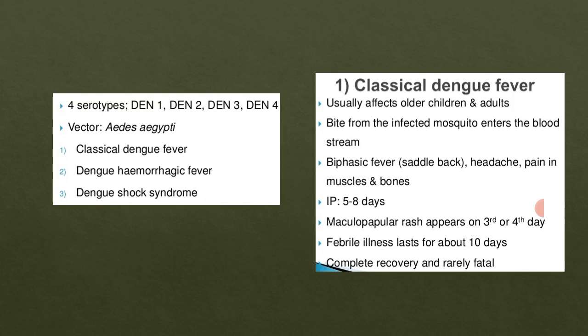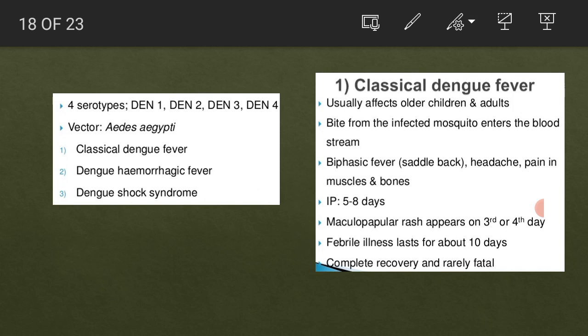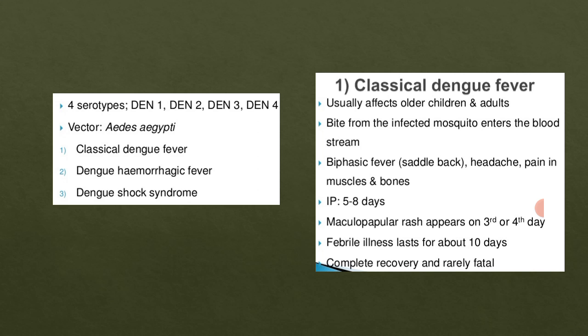Now we will see the serotypes. One more point: this morphology is very similar to the yellow fever virus. The dengue virus has 4 serotypes: DEN 1, DEN 2, DEN 3 and DEN 4. Now the vector: as we all know, we get the dengue infection through a mosquito called Aedes aegypti.